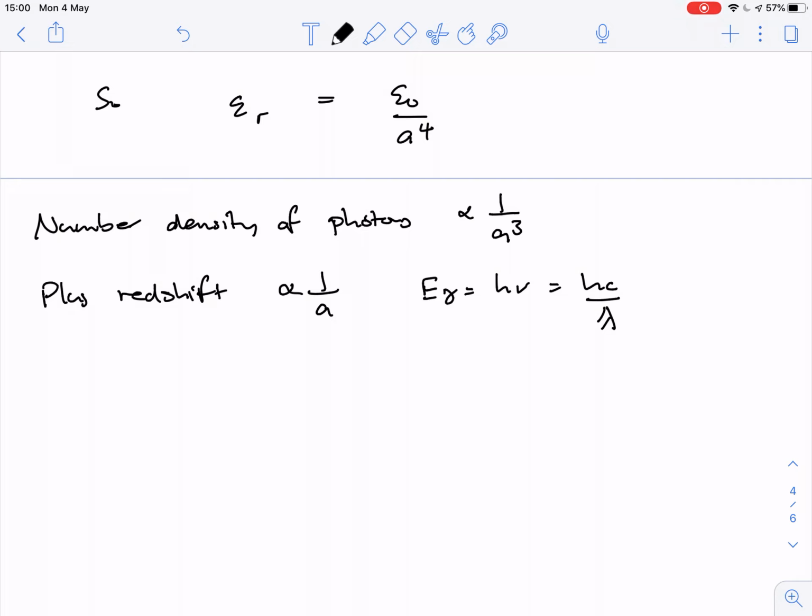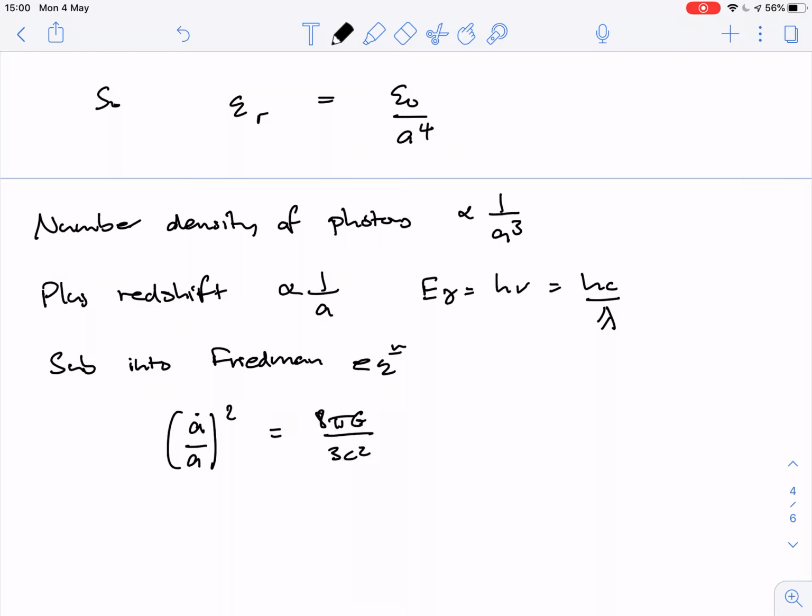Again, I can substitute this into the Friedmann equation. When I substitute that into the Friedmann equation, I go back up to the top. I've got ȧ over a squared equals 8πG over 3c squared, and now I've got ε naught over a to the 4.